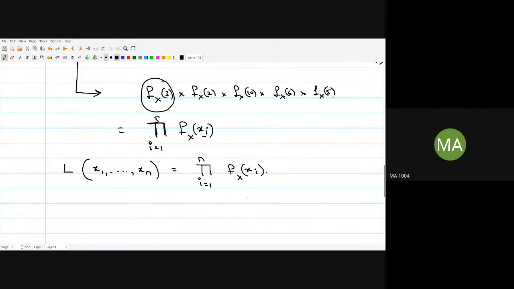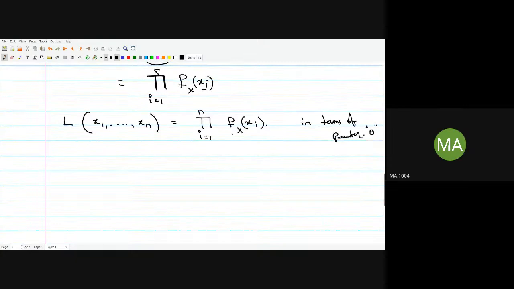And this function will give us a result in terms of the parameter, because in your density function there will be a parameter, theta or alpha or whatever it is. I am assuming it as theta.